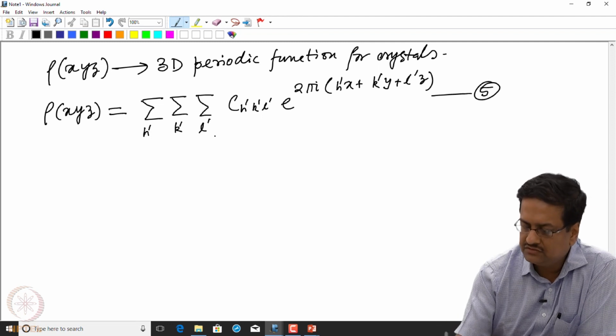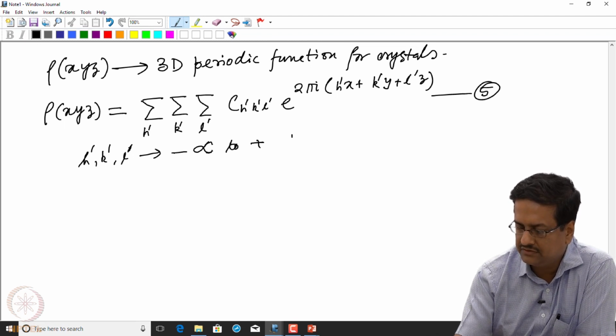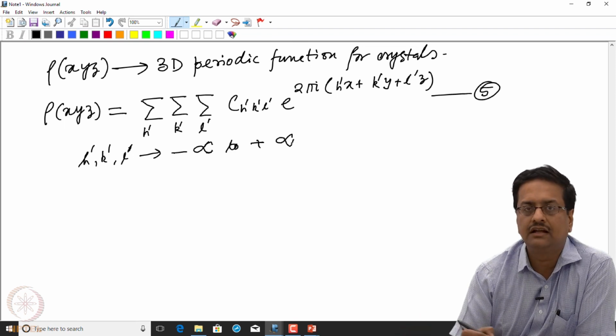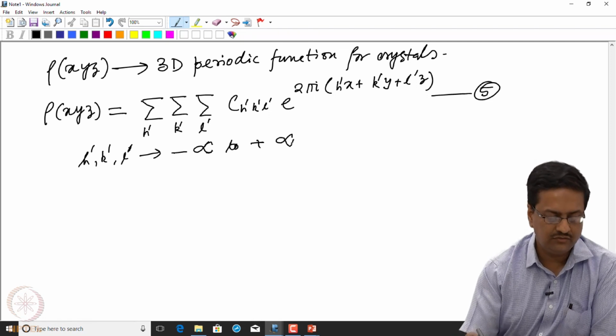These values of h prime, k prime and l prime can be anything from minus infinity to plus infinity, because there are an infinite number of planes that one can consider within a unit cell.